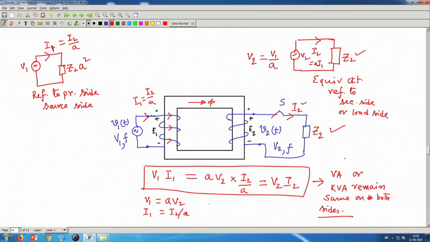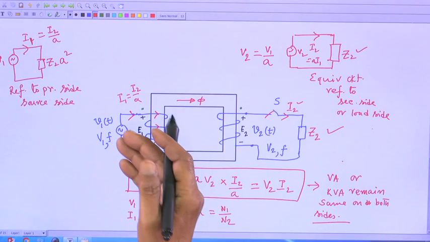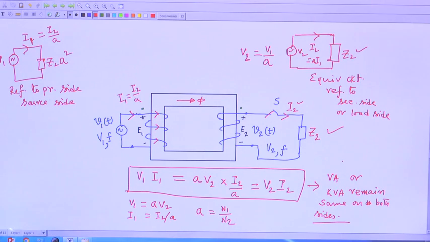Do not forget, A is N1 by N2. N1 is the number of turns on the source side and N2 the number of turns on the load side. So the kVA of the transformer remains the same, and currents and voltages on both sides are related like this. Because of these relations, the impedance you have connected across the secondary appears somewhat differently on the primary side.